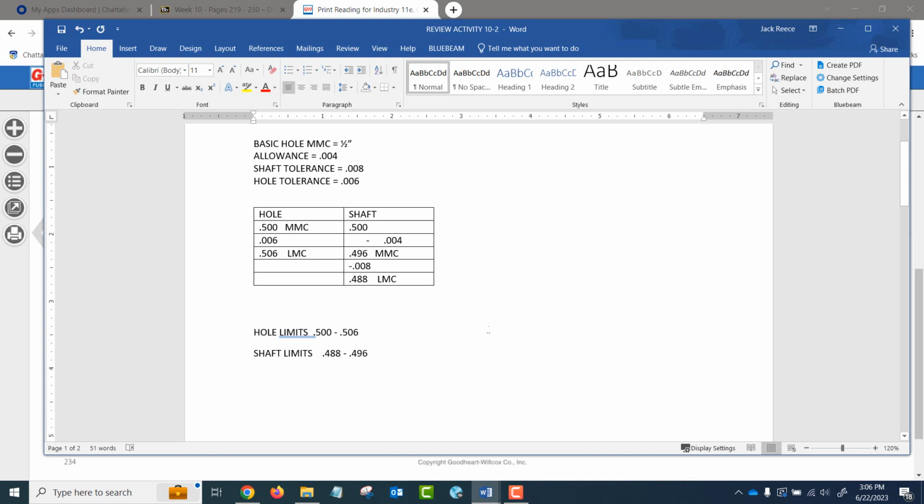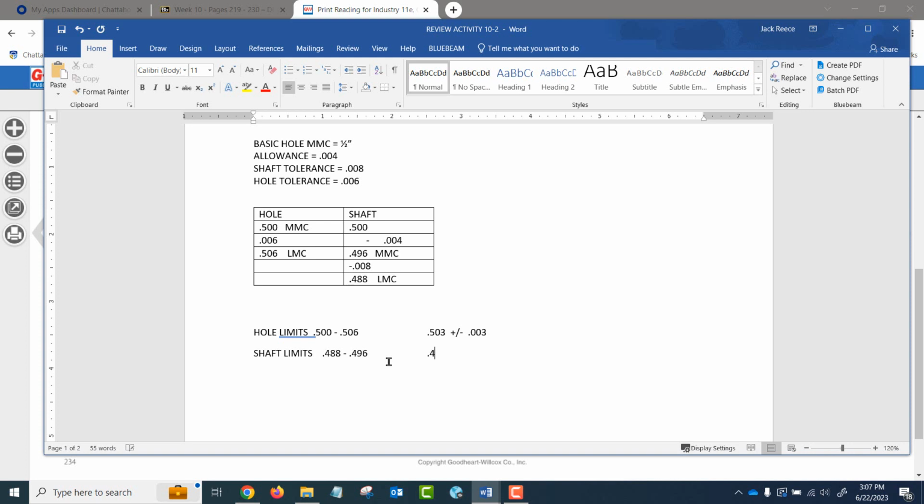So for the hole, what I'm going to end up with is 0.503, and then I don't remember the code for plus minus, 0.003. And then with my shaft, half of the tolerance is 0.004.